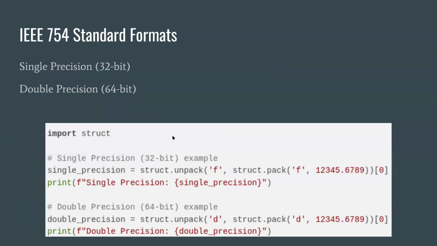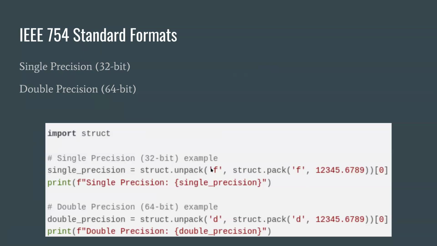If we look at this Python example, it uses Python's struct module to demonstrate how a floating point number is packed into binary format and then unpacked.